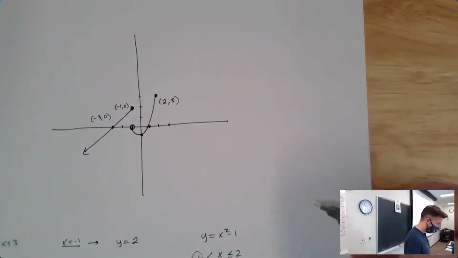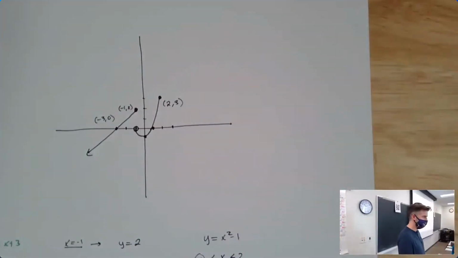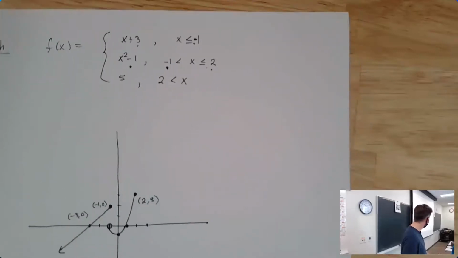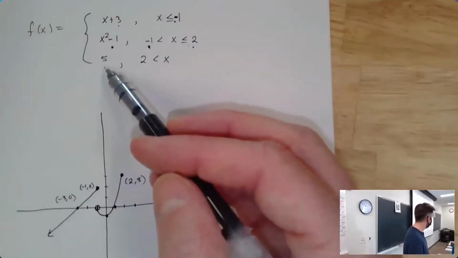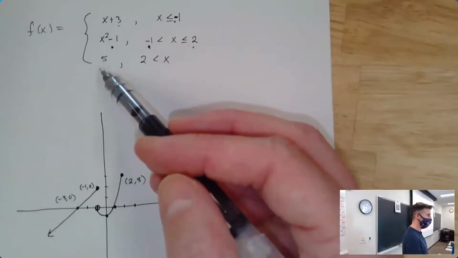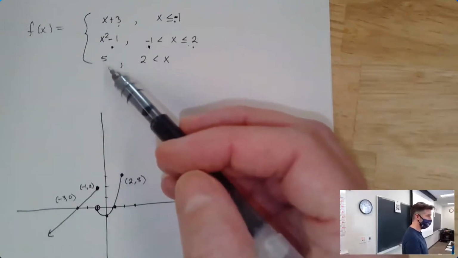All right, last part. The function's 5 when x is bigger than 2. So when I plug in 2, what do I get? Sorry, you guys can't see that. If I could plug in 2 to this piece of the function, what would I get? I know it's a terrible question because there's nowhere to plug x in.